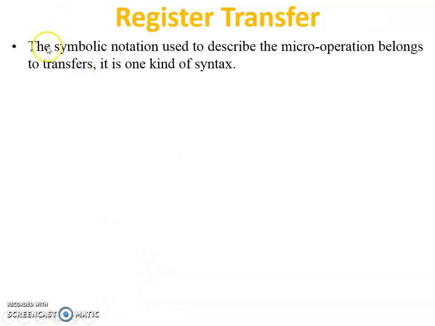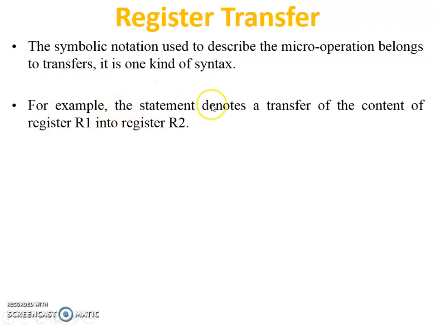Now, register transfer. The symbolic notation used to describe the micro operation transfer is one kind of syntax. We have already seen that syntax before. For example, the statement denotes a transfer of the content of register R1 into register R2. It means the content of register R1 will be stored in register R2. So how can we write that syntax? It can be written like this: R1 data will be stored in R2.